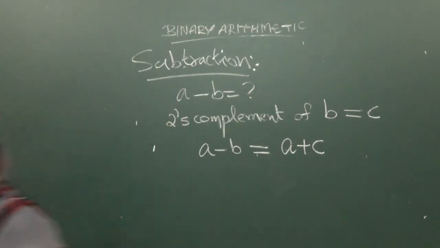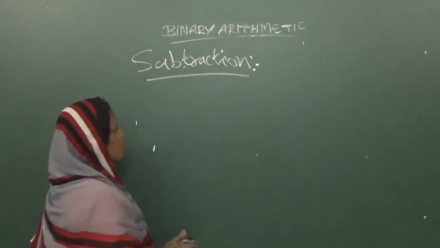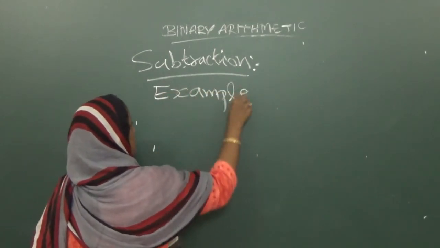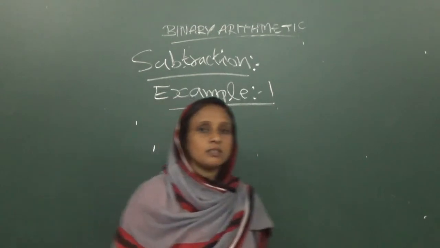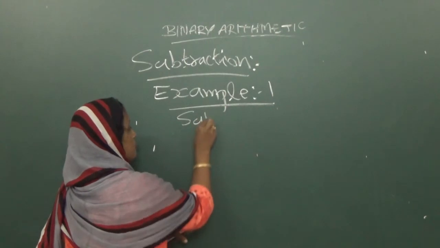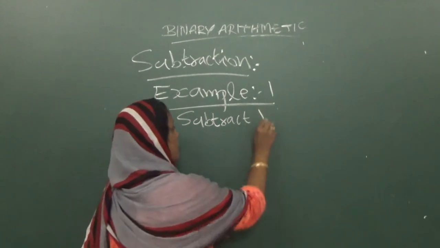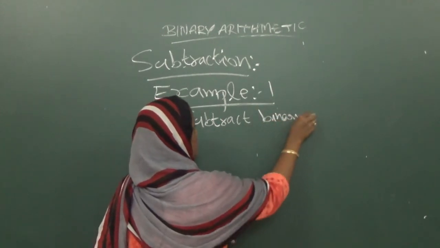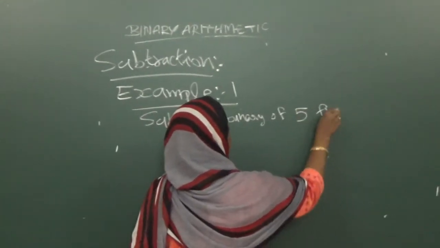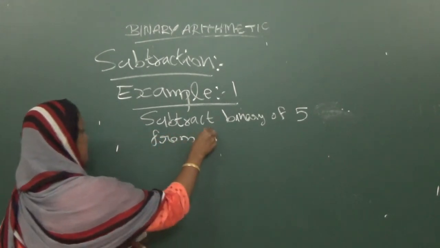Okay, example 1. The first one is: subtract binary equivalence of 5 from 8.